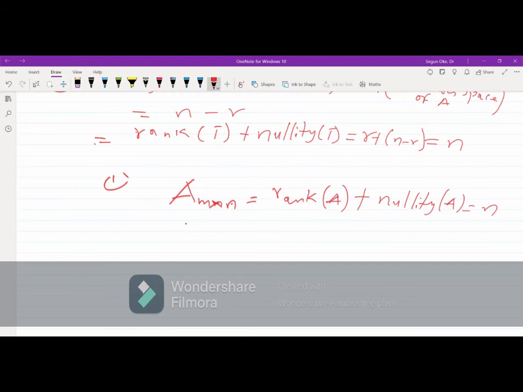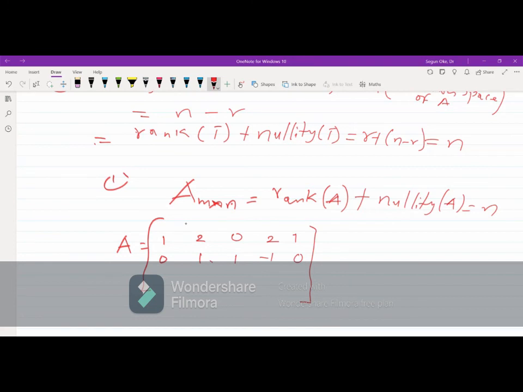So if I have a 5 by 4 matrix, I say A equals: 1, 2, 0, 2, 1. Then here we have 0, 1, 1, minus 1, 0.